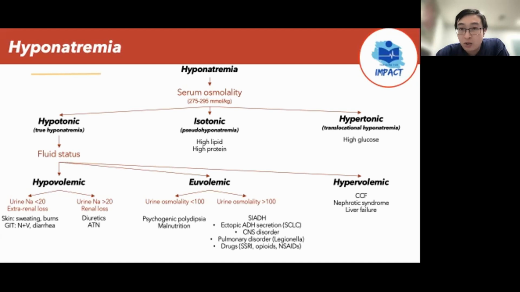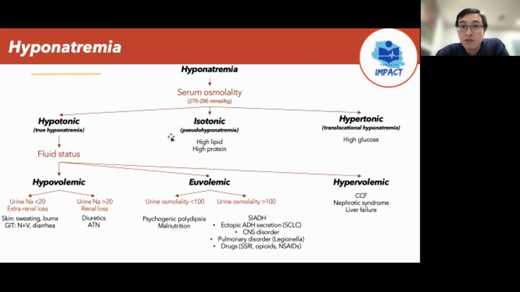If you think about it, high glucose outside of cells would cause water to move from inside to outside of cells, and then that dilutes the sodium outside of cells. So hyperglycemia on its own can cause hypertonic hyponatremia. And usually if you correct the glucose with some insulin, you correct the hyponatremia.